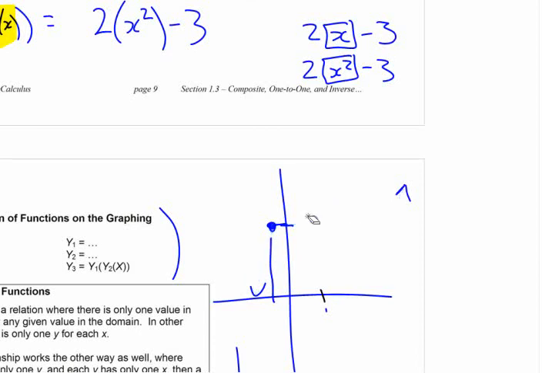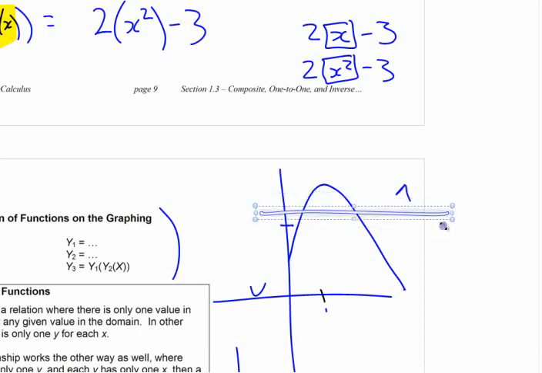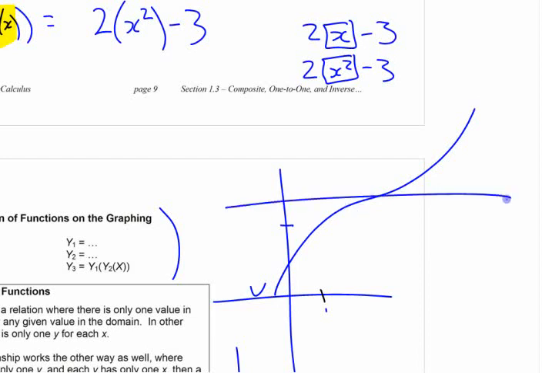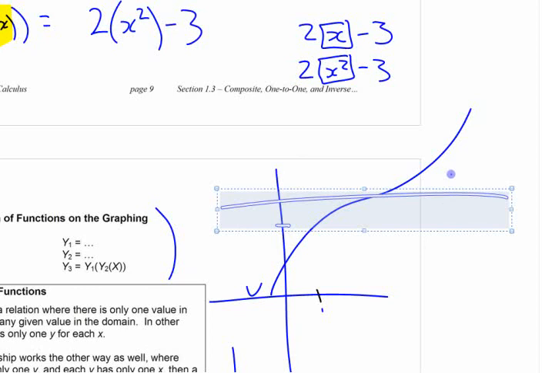If it turns around like that, if it goes up and then back down again, it's not going to be one-to-one, because for any one y value, it's almost like you can do a horizontal line test, right? You can check it with a horizontal line because that crosses the thing twice. For something to be a one-to-one function, it has to either go up or down, it can't turn around like that. Anywhere you look at this now, for any one y value, there's only going to be one x value.